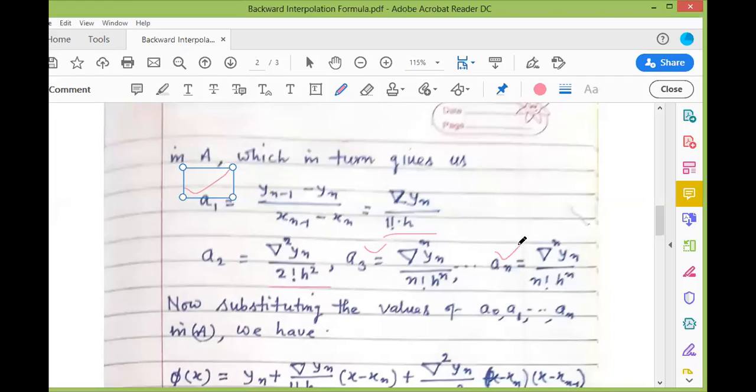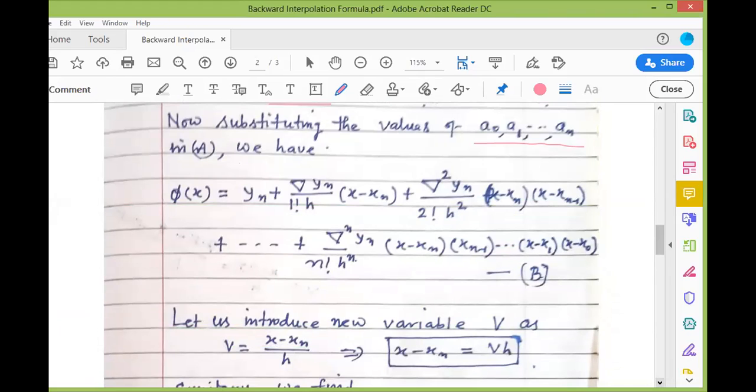Now substituting the values of a naught, a1 and an in A. All values are substituted here, and then ultimately we get it in this way.